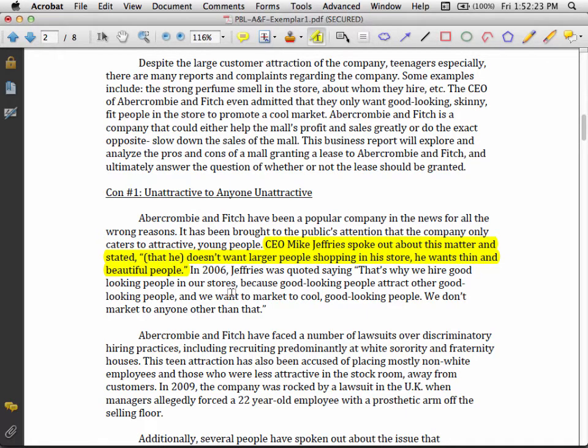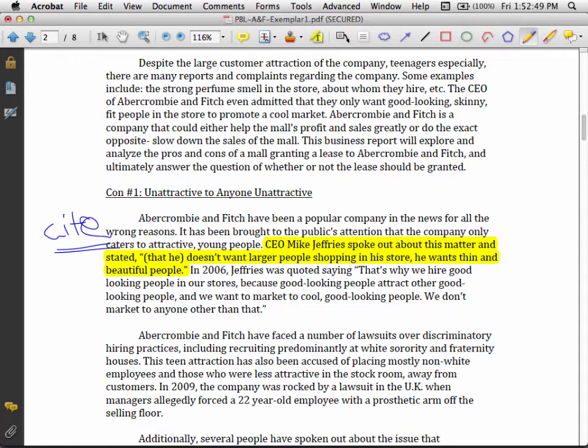This is a direct quotation from this company's chief executive, and it needs a citation. It absolutely, positively must have a citation. So where is that cite? According to an article in such and such magazine, Mike Jeffries said this, quote, and away we go. So there is no citation for that.